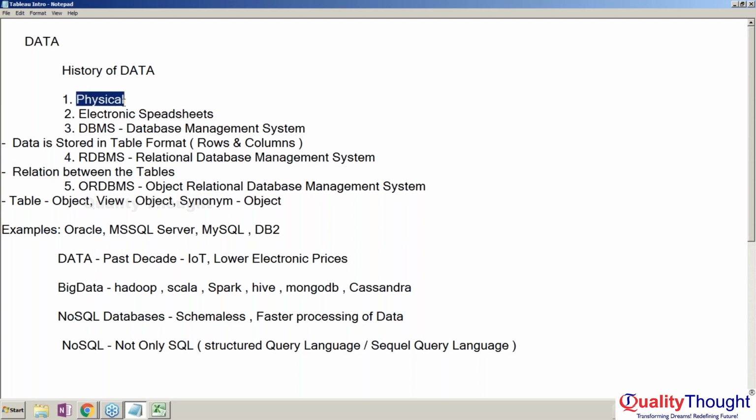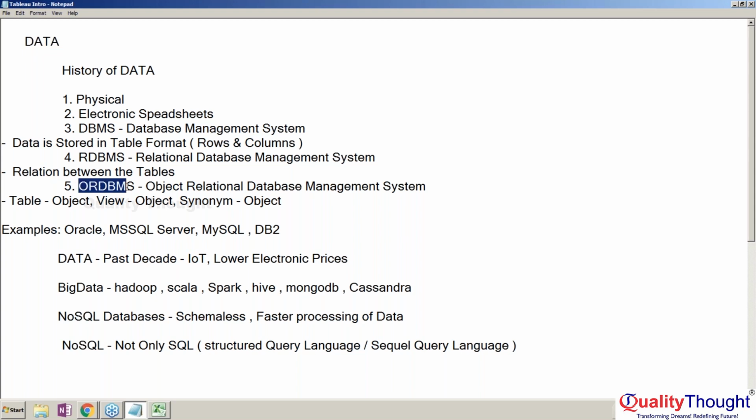Initially, the data was stored in a physical format and later in electronic spreadsheets, and then they introduced something called a DBMS, and after that a relational database management system, where they initialized the relation between the tables.